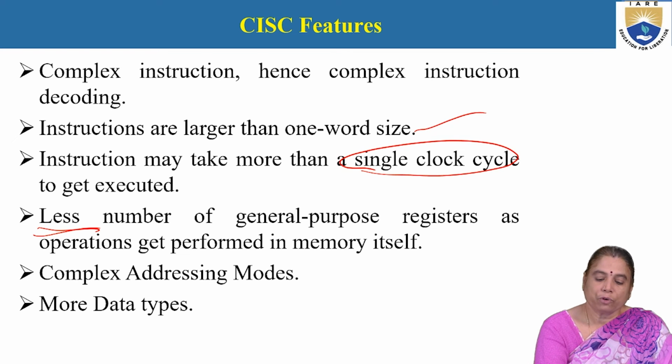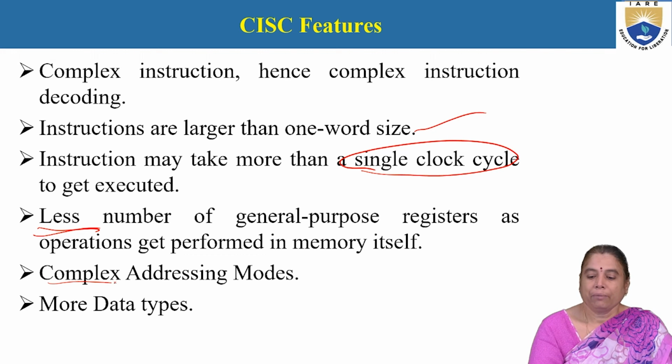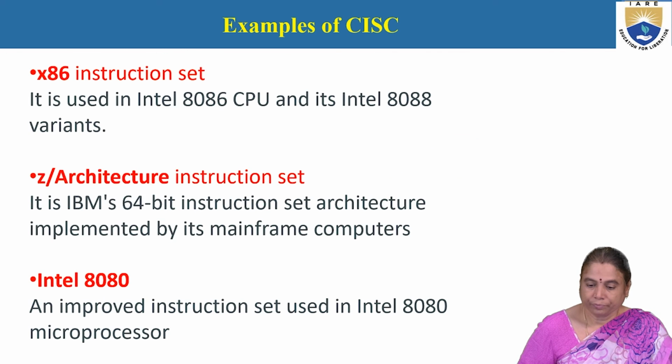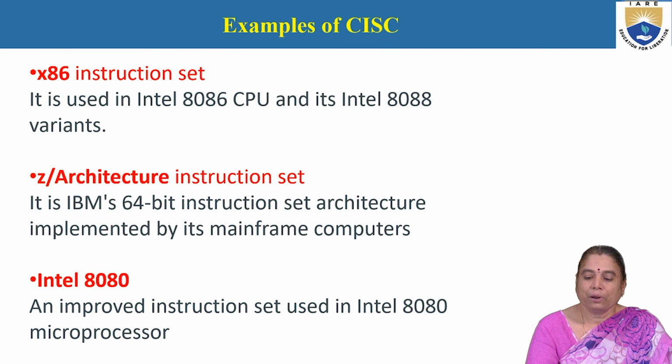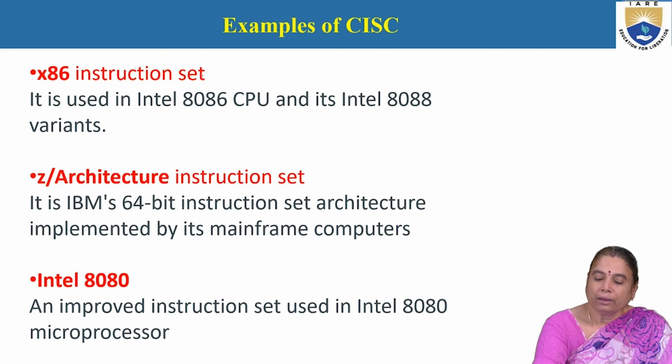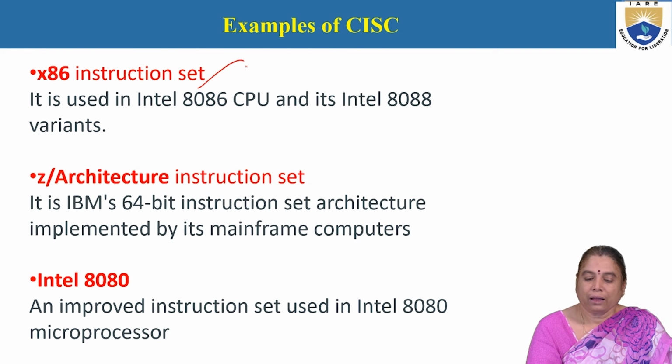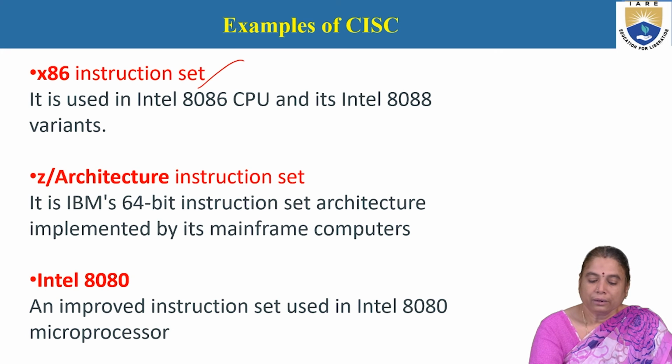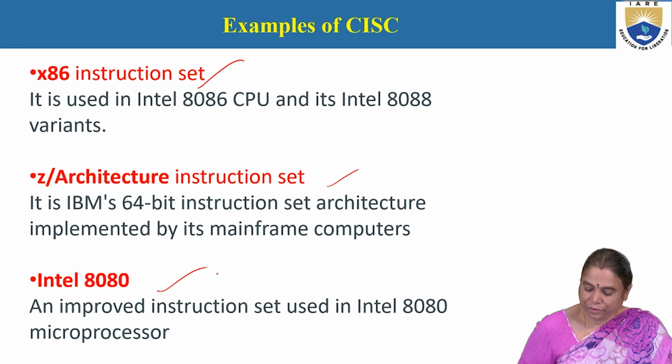Complex addressing modes are available, and it uses more data types. Examples of CISC are 8086, the z/Architecture instruction set, and Intel 8080.